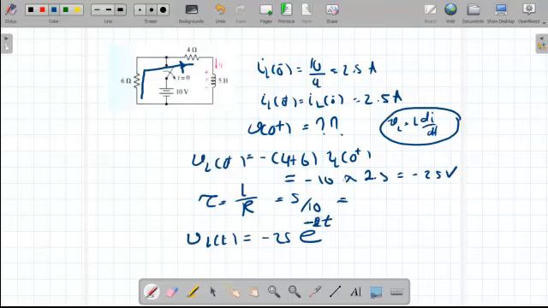Okay, so always check, as I told you, you need to always check the values of the parameters. So this will be the voltage for t greater than 0.